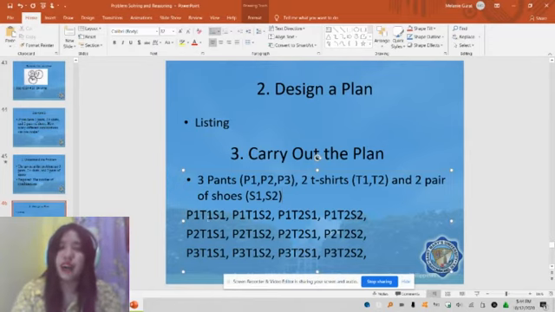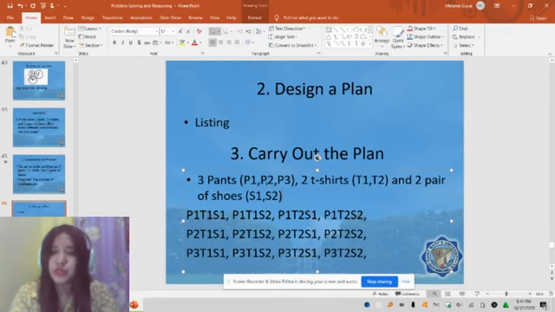It can be that pants 1 will be paired with t-shirt 1 and will be paired with shoe 1. Or pants 1 will be paired with t-shirt 1 but it will be paired with shoe 2, or pants 2. So you will just repeat the process until you have listed all possible combinations.